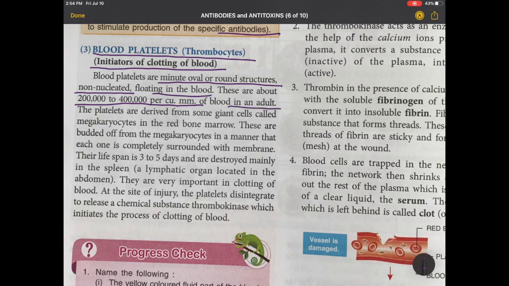The platelets break off from some giant cells called megakaryocytes in the red bone marrow. And these are budded off from the megakaryocytes, like they break off, and each one is completely surrounded by a membrane.